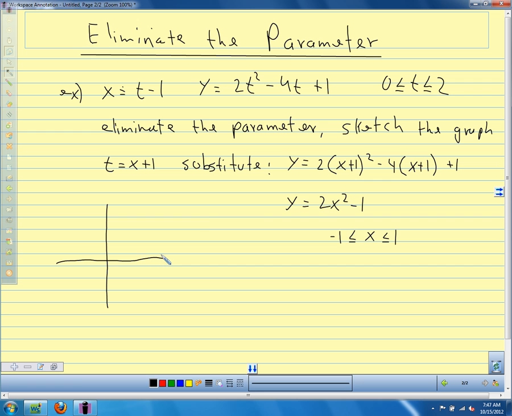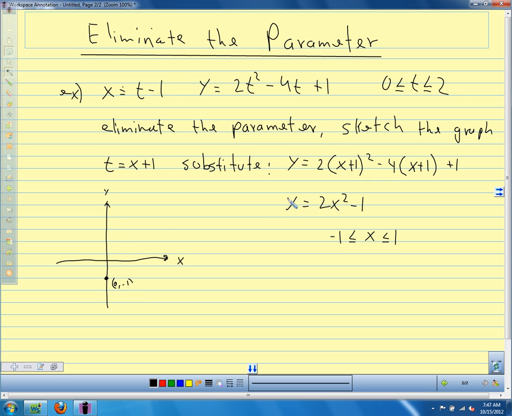So what is this graph going to look like? What's that? Let's see, it's going to intercept the y at negative 1. So we're down here at 0, negative 1.